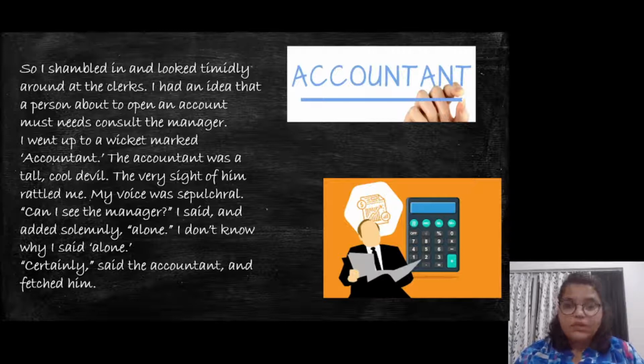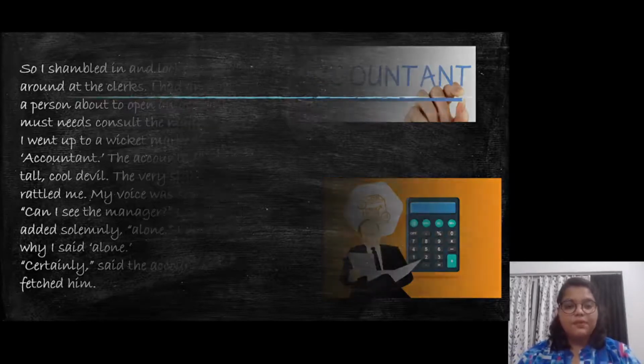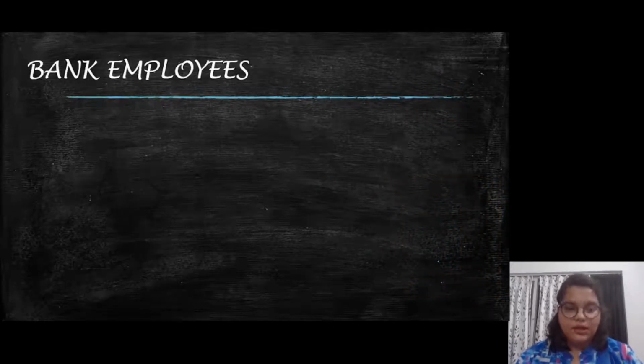But the accountant, being a nice person, doing his job properly, said certainly. And he got the manager for the narrator. In this paragraph, we can see three bank employees that were named: the clerk, the accountant, and the manager. We shall now see who the bank employees really are.